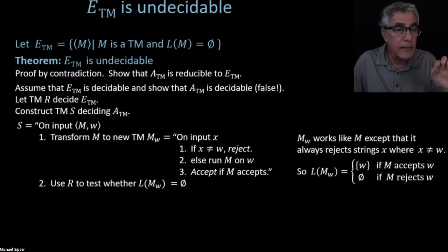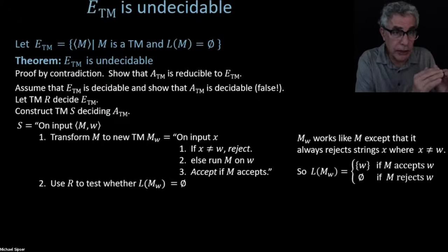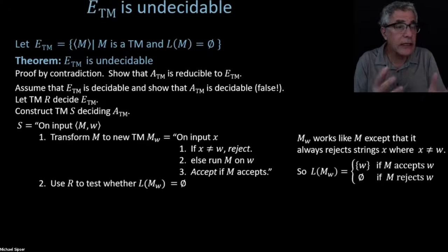We're going to take M sub W as a machine and feed it into R as a description. Then it's R's problem. But R has been assumed to answer emptiness testing. So we just took the original machine, modified it so that the only possible thing it could accept is W, and now feed it into the emptiness tester to see whether its language is empty or not.